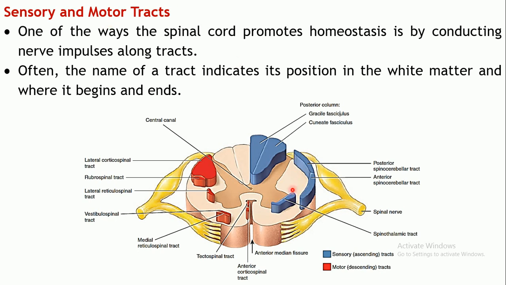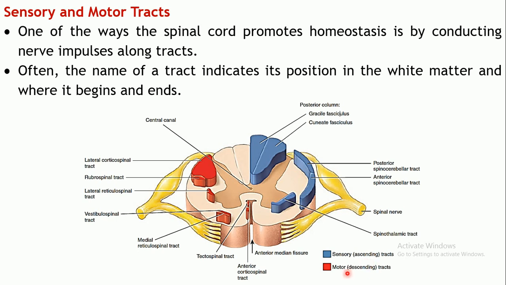Okay, so in this particular picture, some of the tracts are shown in blue in color and some of them are shown in red in color. The ones which are shown in blue in color, these are the sensory tracts, or these are also known as ascending tracts. Why ascending tracts? That's because they are moving in the upward direction towards the brain. Brain is located superior to the spinal cord, right? So that's why these are also called as ascending tracts or the sensory tracts.